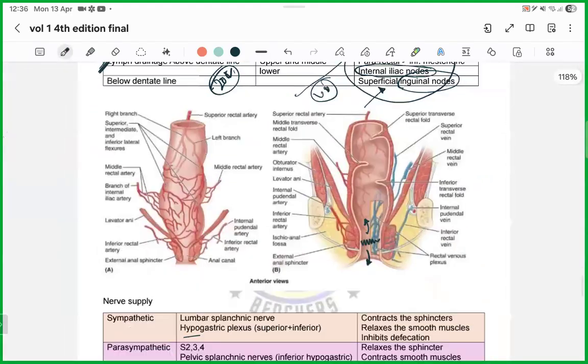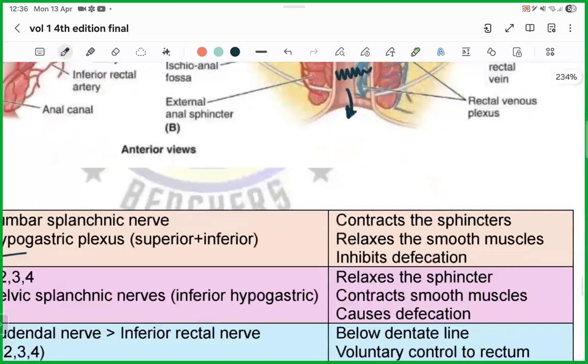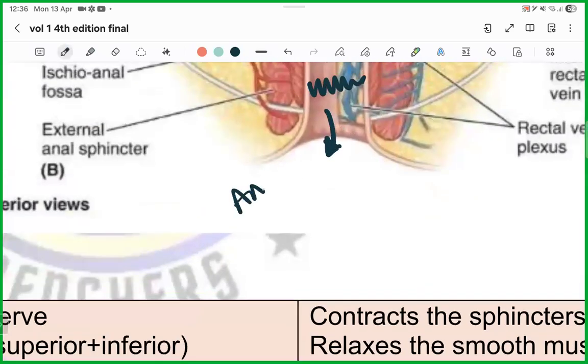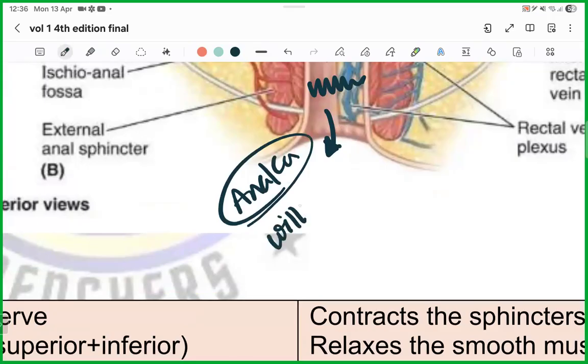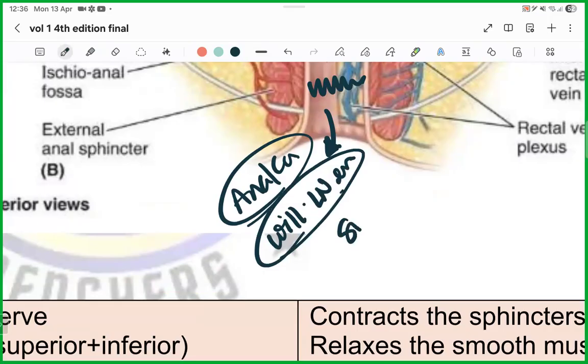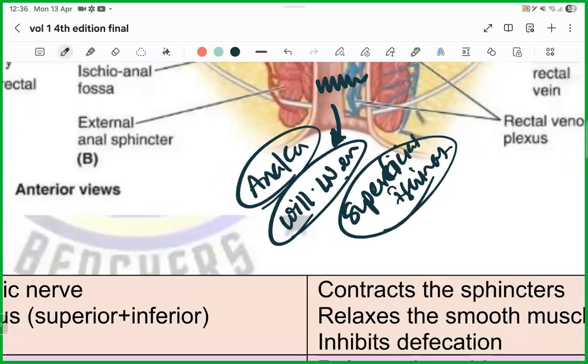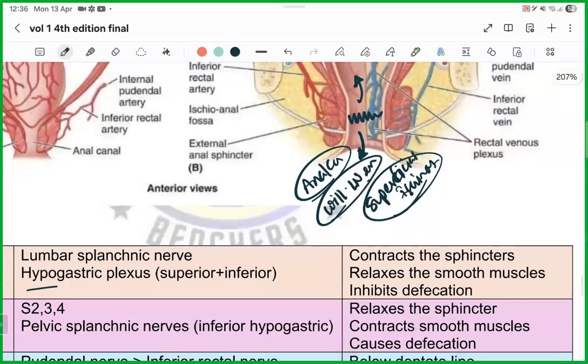And they will ask you that a person is having carcinoma of anal canal, where you will find lymph nodes enlarged: superficial inguinal nodes.